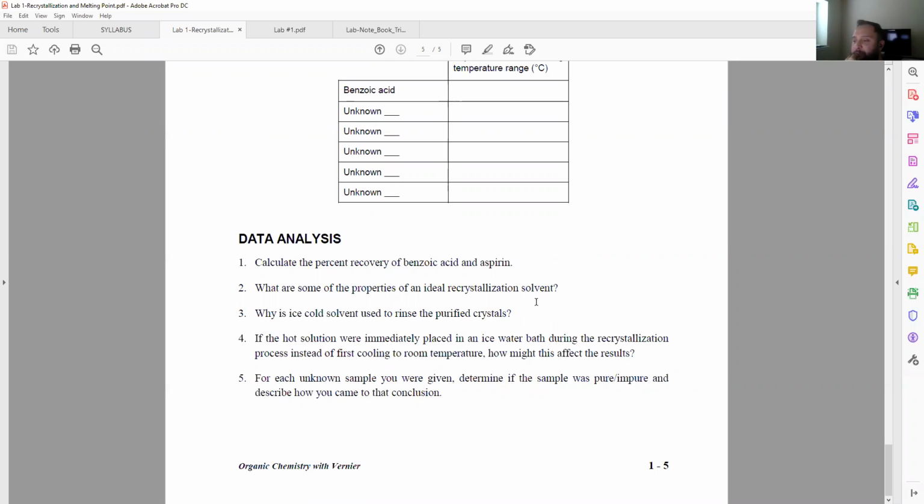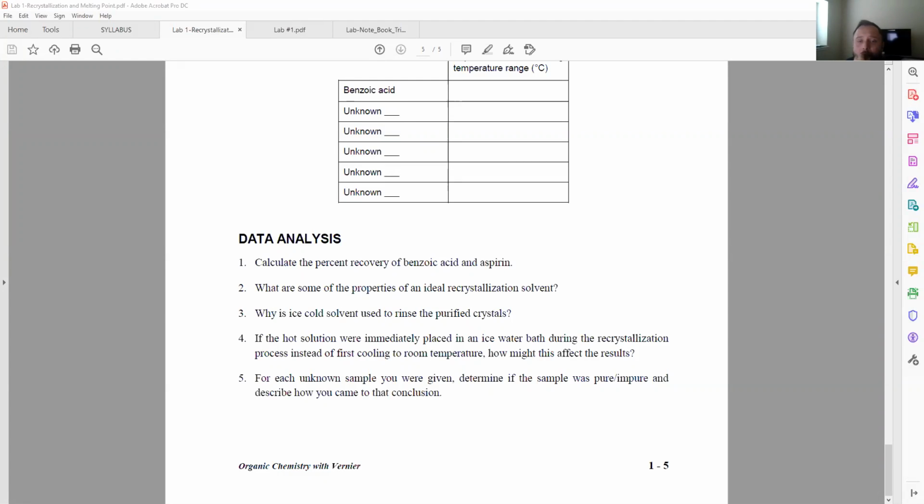Did he say if you guys have post-lab questions? I believe so. Okay, because I don't see any attached to this document, so I don't know if you have it or not. Do we just consider the data analysis as our post-lab questions? I mean, no, unless you have them, I wouldn't just consider it. Hold on a second, let me check something real quick.